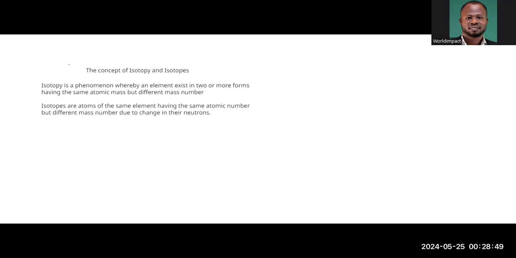Welcome to chemistry class. The topic we're looking at today is a very crucial one, the concept of isotopy and isotopes.